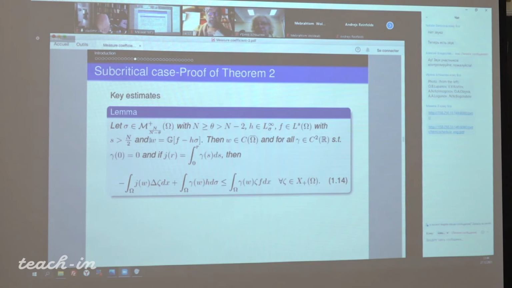And you look at the function W, which is the Green potential of F minus h sigma. Then in that case W is continuous in omega bar, and for all gamma in C2 of R which vanishes at 0, and if J is an antiderivative of gamma, then we have this estimate: minus the integral of J of W Laplacian of theta, plus the integral over omega of gamma of W h theta d sigma, is bounded by the integral of gamma of W theta F dx. This is valid for any test function in this space.